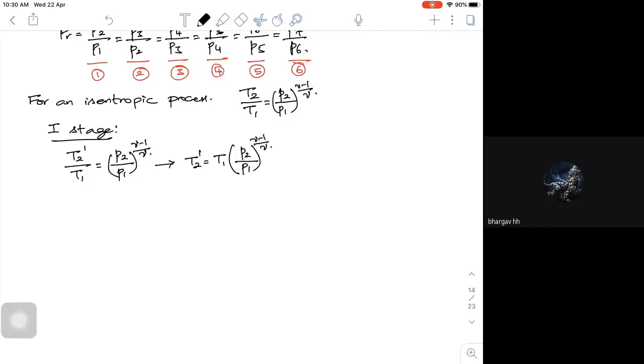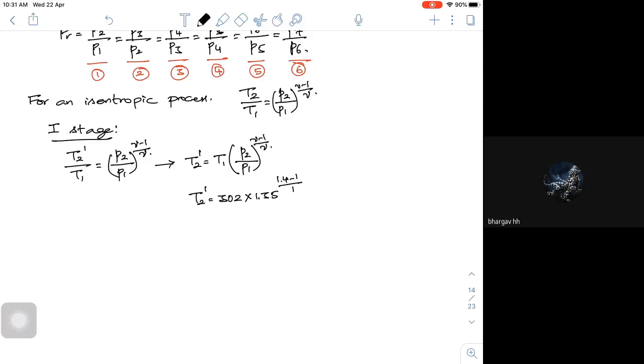Substituting, T1 is given as 302, and P2 by P1 we have already calculated as 1.35, to the power of 1.4 minus 1 by 1.4. One advantage here is that P2 by P1, P3 by P2, everything is 1.35, so I can easily calculate 1.35 to the power of 0.4 by 1.4.